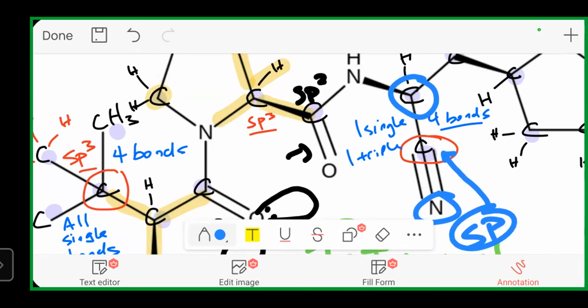But the easiest way to spot whether or not an atom is sp hybridized is to look for a triple bond. Same with sp2. If it has a double bond to it, then more than likely the atoms that are in that double bond are sp2 hybridized. If it has all single bonds, more than likely those atoms are sp3 hybridized.